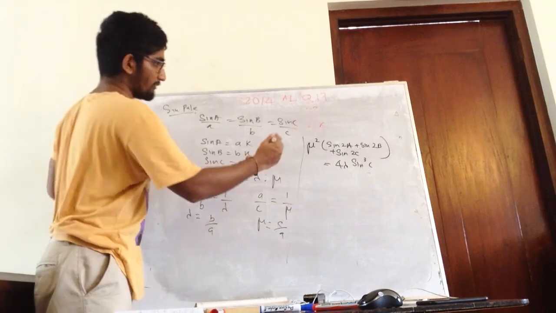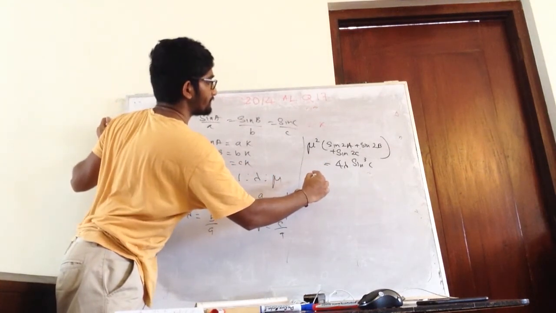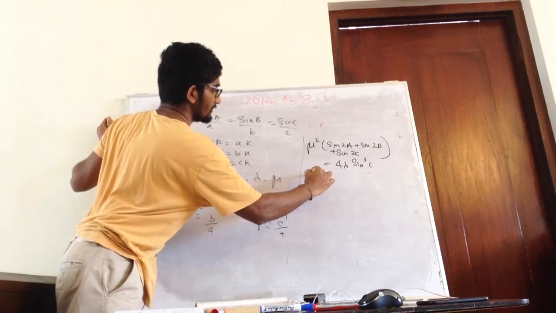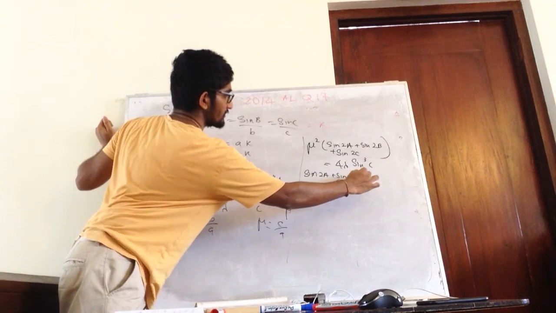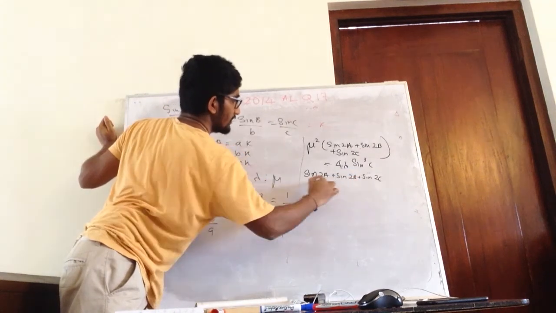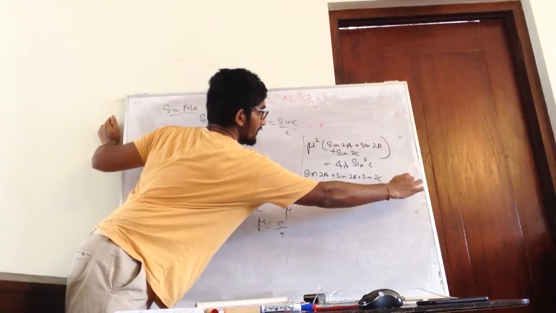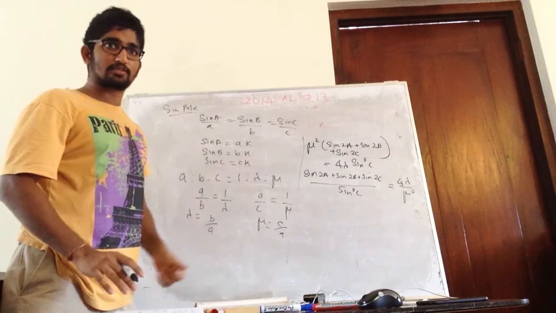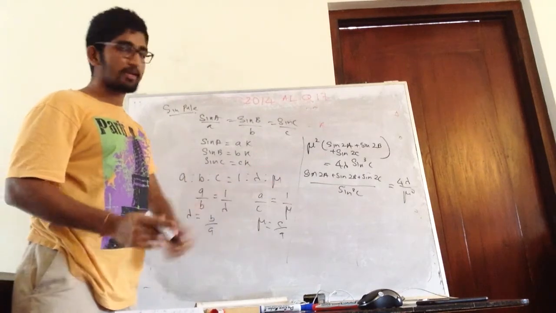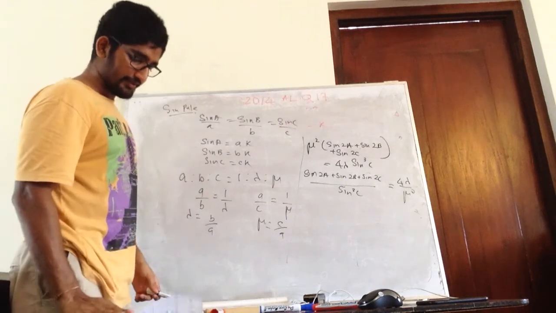So what I'm going to do is try to prove this now: (sin 2A + sin 2B + sin 2C) over sin cube C is going to be equal to 4 lambda mu square. I'm going to prove this. It doesn't matter what I prove now, I need to get this answer, right?